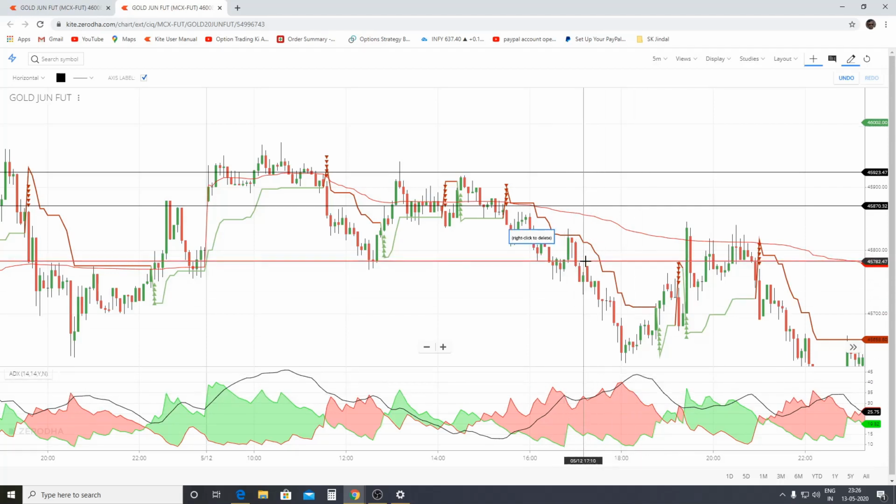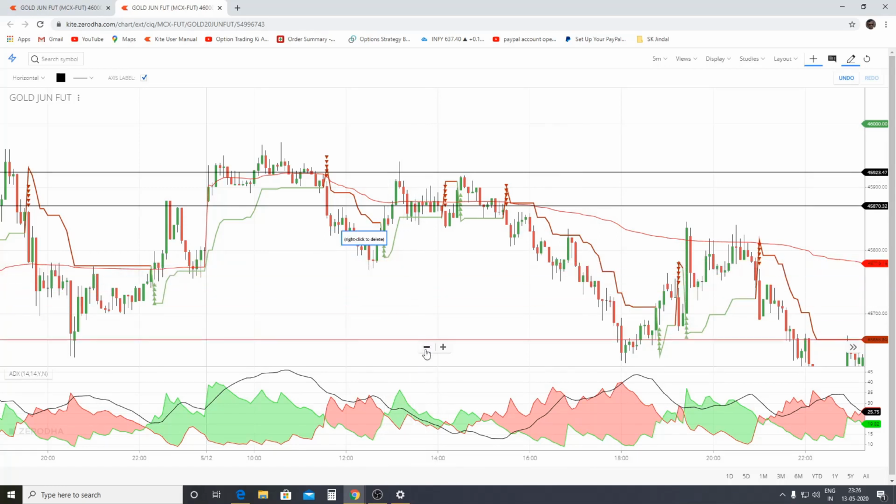So after this breakout, potentially you would consider this level as your target, as it also seems a demand zone from here. So here it was your target, and if you don't know about price action, you could consider only following ADX, which I've mentioned earlier in this video.